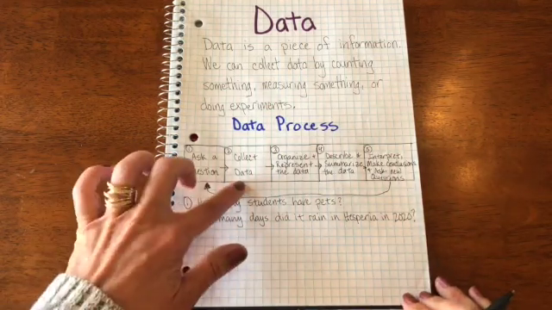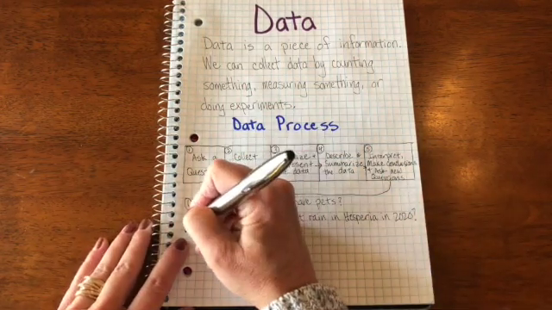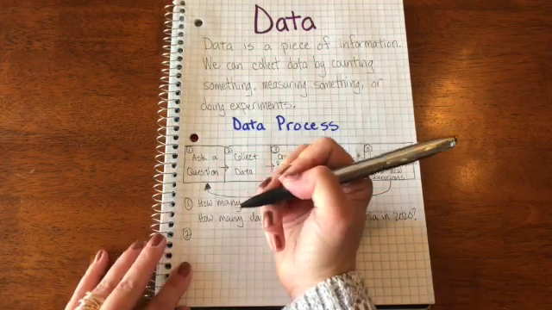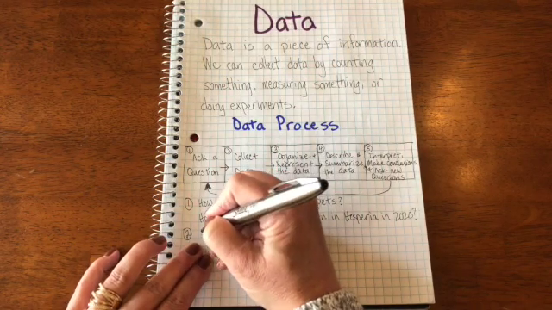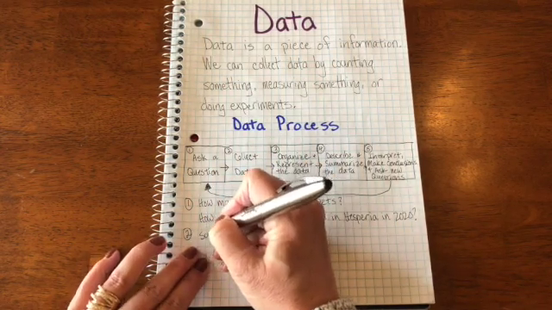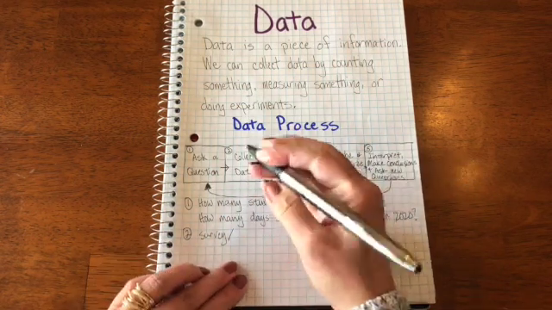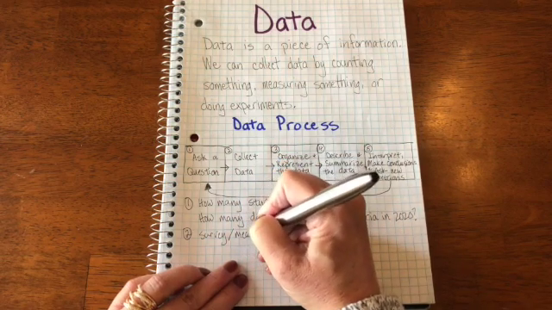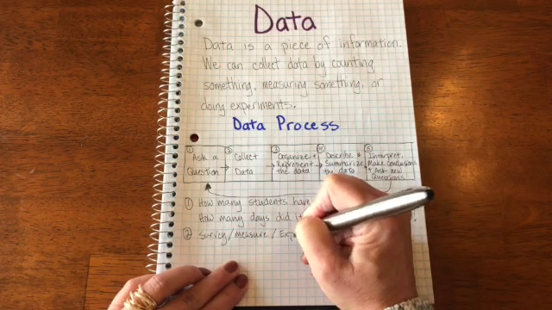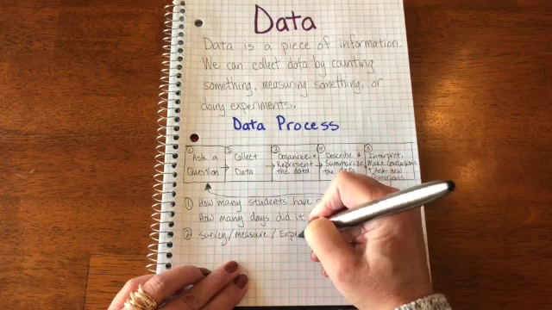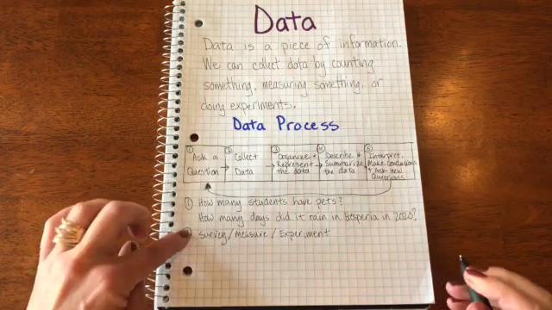Now, the second process to collect data, that means we have to take a survey. We need to ask people, or we need to measure, or we need to do our experiment. So collecting data would be a survey. It would mean to measure, or you're going to do your experiment. Okay, that goes with number 2.